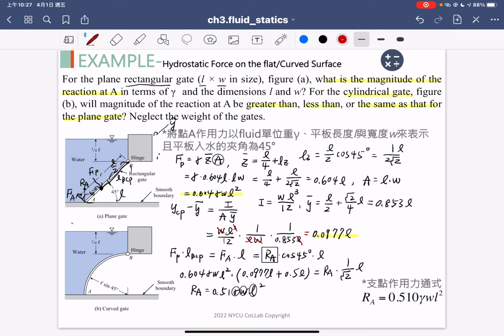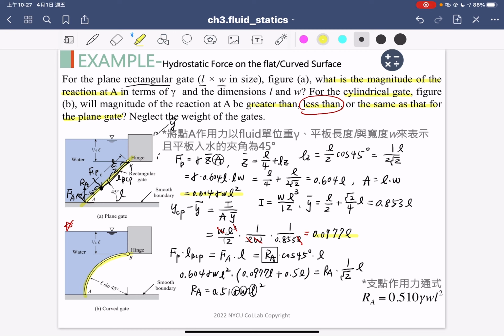For condition 2, the reaction force will be less than condition 1. Condition 1 is the planar gate, but condition 2 is the curvature gate.